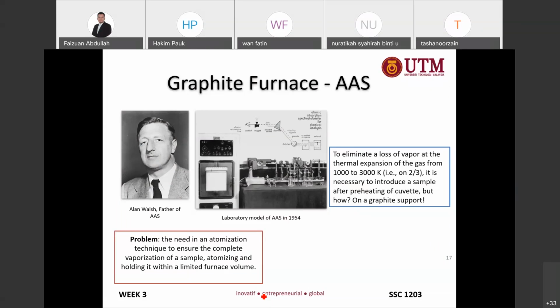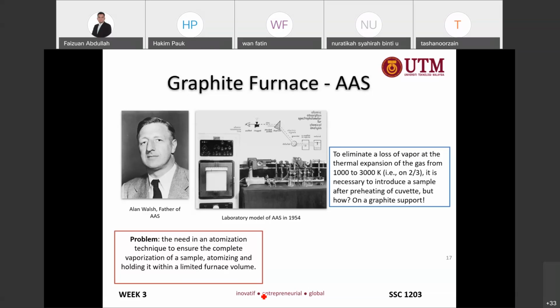This is the idea, because when some analyte is transformed from solution to gas form, some analyte in the form of vapor is lost due to the thermal expansion, because we need the analyte to stay there, but some of the analyte is lost due to thermal expansion.